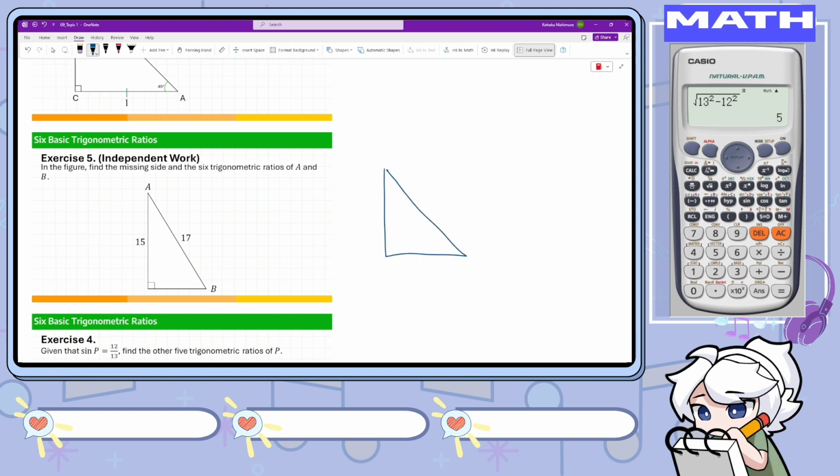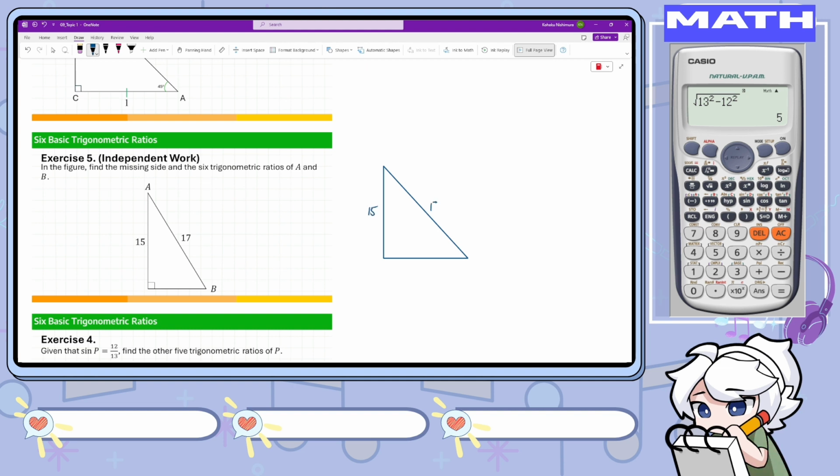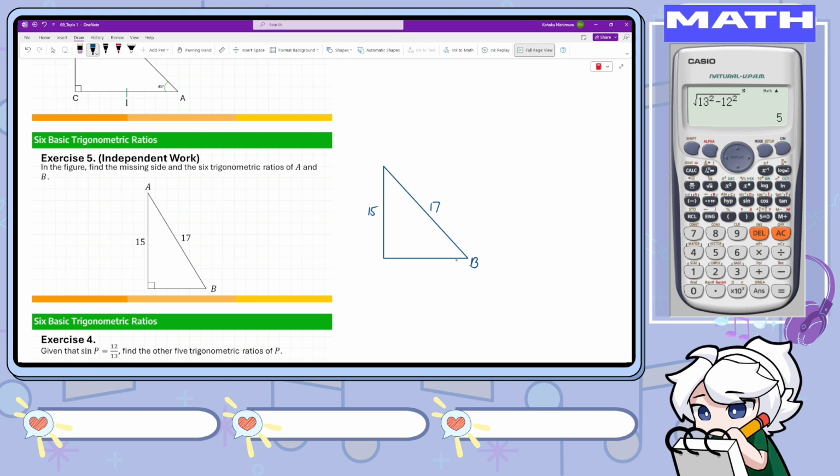Let's say here you have 15, 17, B, A, and particularly we focus on A and B, but for this particular example, let's focus here on B. I want to find, let's say, cosine B. But here's the thing, cosine is adjacent over hypotenuse, but my adjacent side is missing.